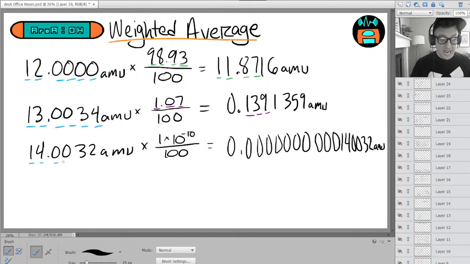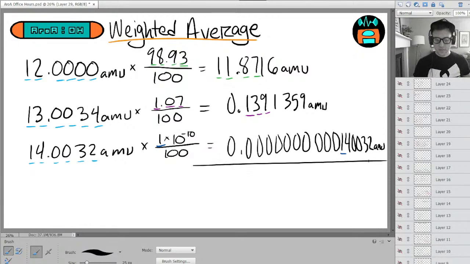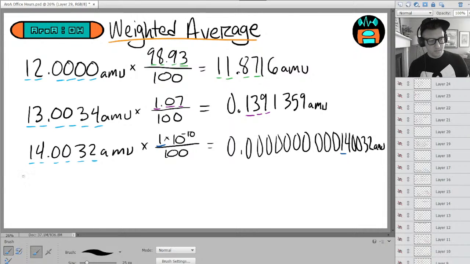Our atomic mass has 6 significant digits. Our percent abundance, however, just has 1. Ooh, that yellow is almost imperceptible. Let's pick a different color. So dark blue, 1. So this number has 1 sig fig. Again, I'm waiting to round till the end. Now, we need to add these together.